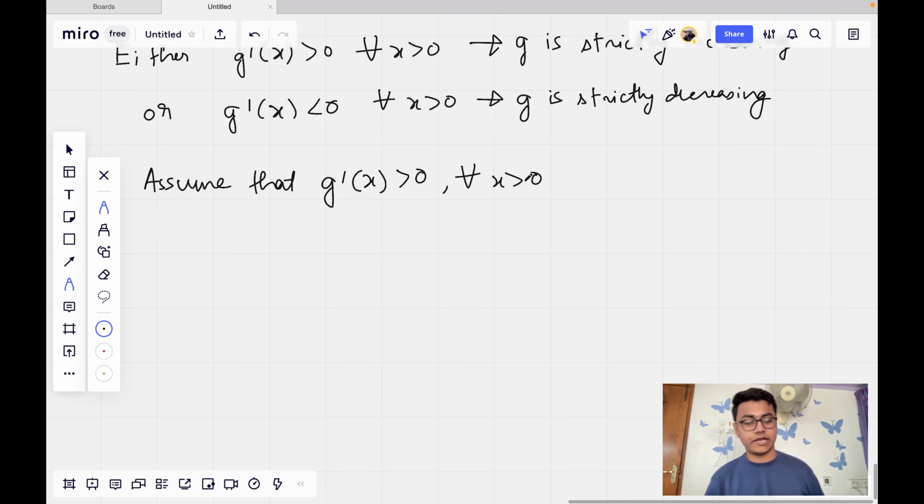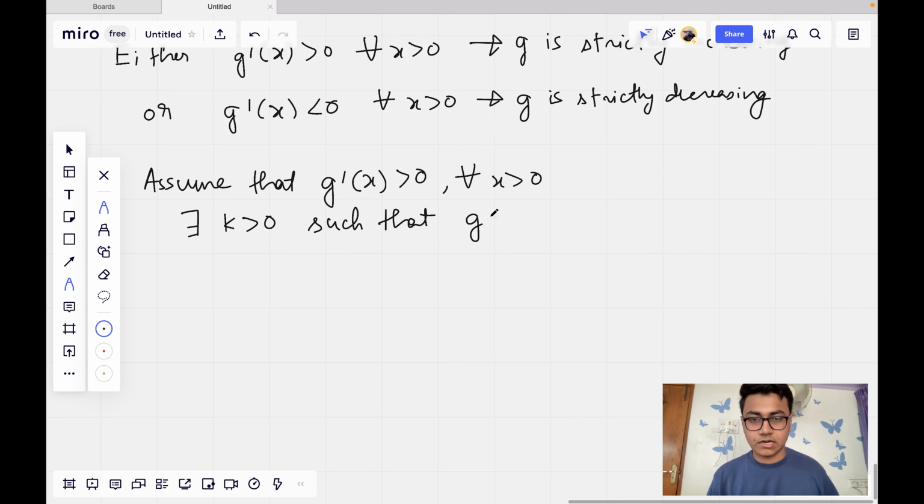Since g is not the identity function, there exists some positive real number k such that g of k is not equal to k. So g of k is either greater than k or less than k.